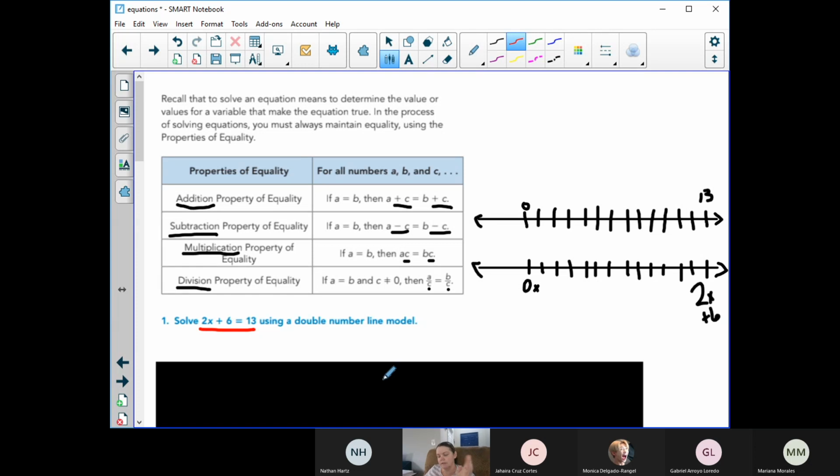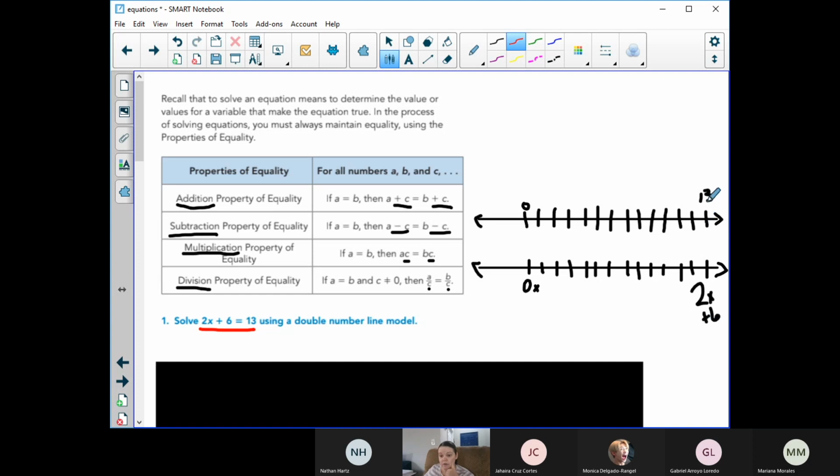To undo this problem and figure out what x is equal to, I have to do the opposite. The opposite of adding 6 would be to subtract 6.